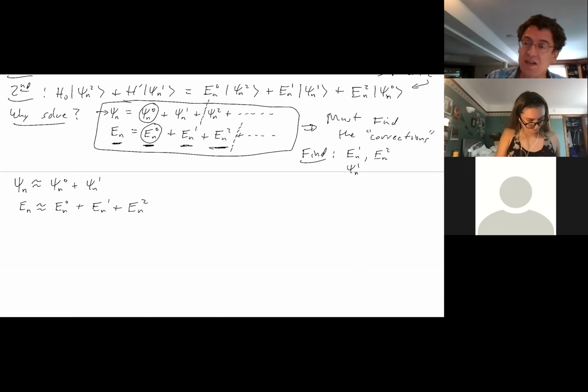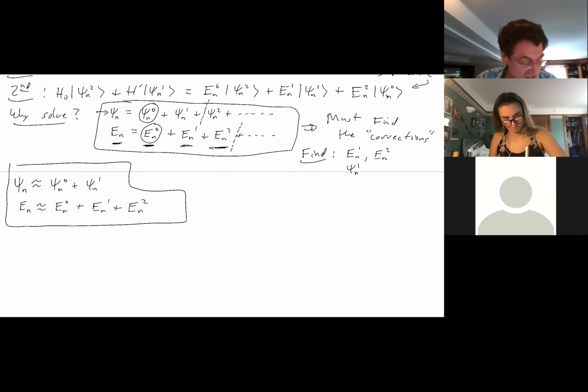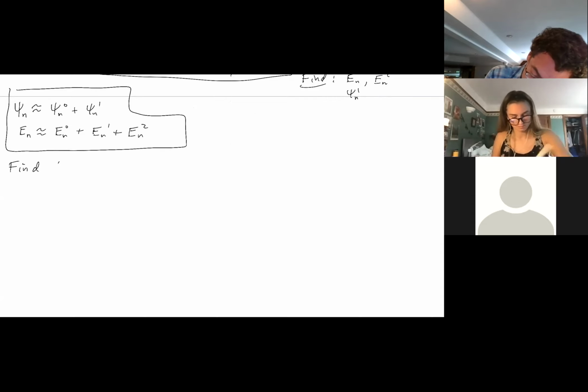But I want you to know that we could go further, but it's just a lot of work, and it's usually not worth it. So this is basically the main result of perturbation theory, to understand this. So now let's find these terms. There are 3 terms that we have to find. Let's find the first one. Let's find the first order correction to the energy, E n1.